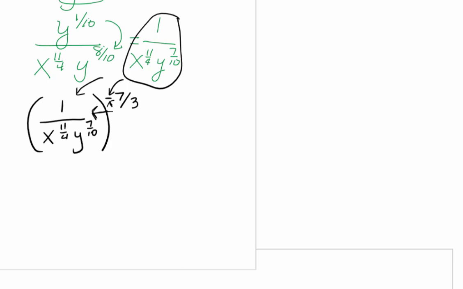And then this will change this negative to a positive 7/3. So base, reciprocal, and then opposite sign on the exponent.